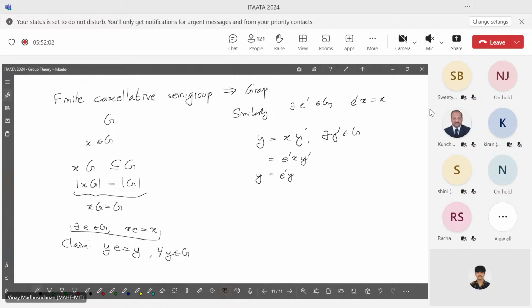Okay, this is also true. Then what? We can't change x here.